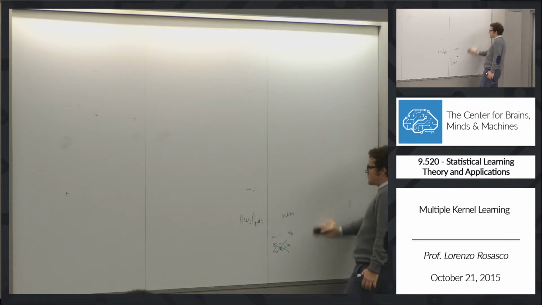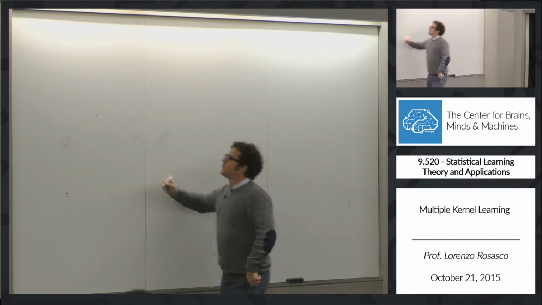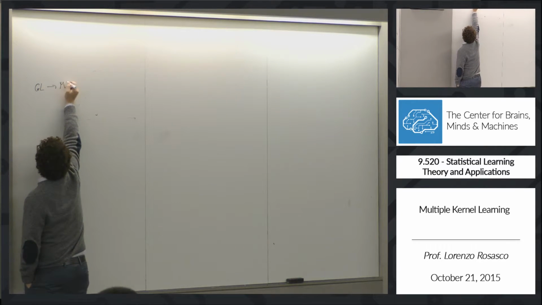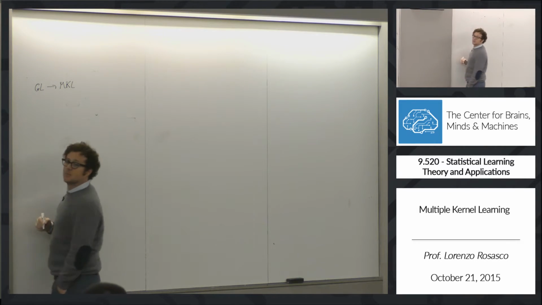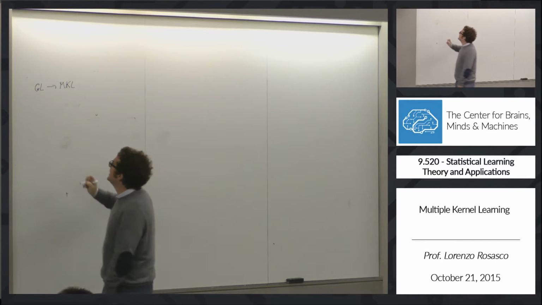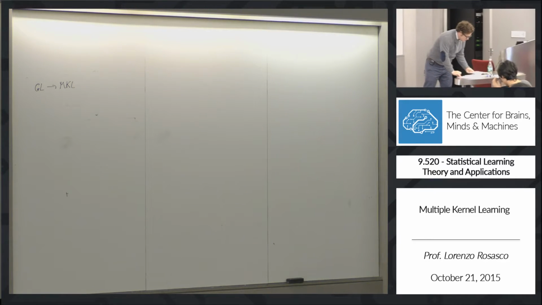At some point, I'm just going to rewrite the group lasso. So we want to go from the group lasso to what is called MKL, multiple kernel learning. The problem of learning not with one, but with many kernels. Okay? And at the beginning, what we're going to do is simply, as I said, change a bit the notation.